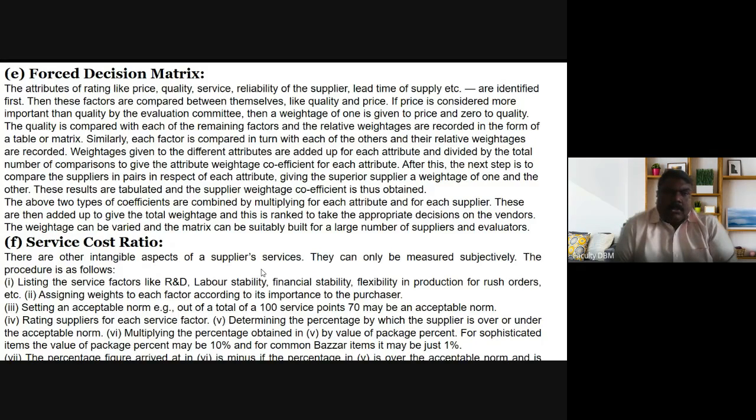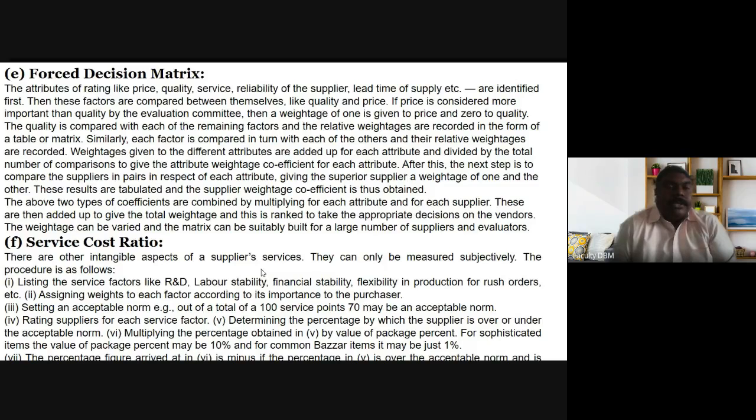So the total averages they are going to add up and they are going to give the ranking method. For example, in our schooling, we would have seen our progress report. In that we have the weightages and they give the rank: first rank, second rank, third rank and fourth rank. In a similar manner, here also we are going to give ranks to these vendors depending on the subjects.